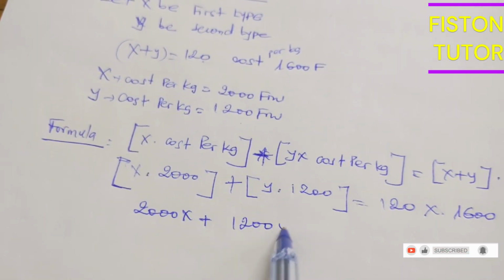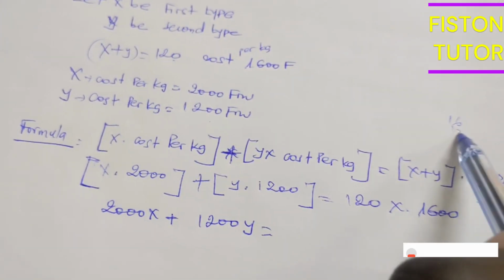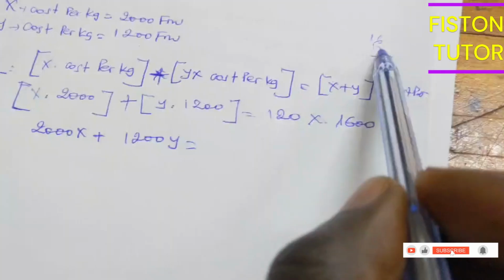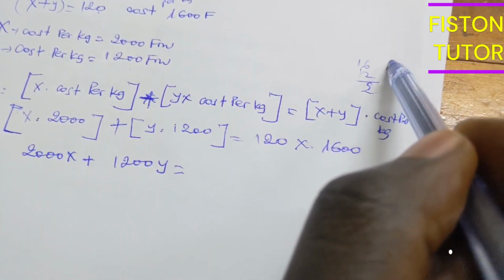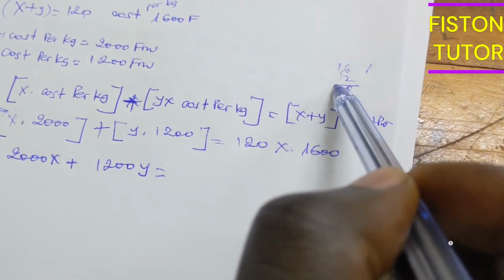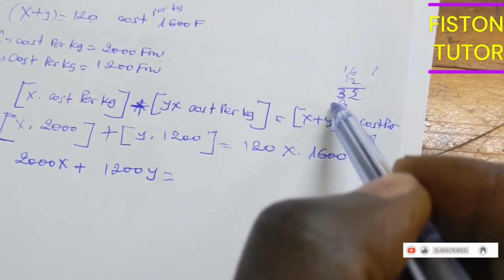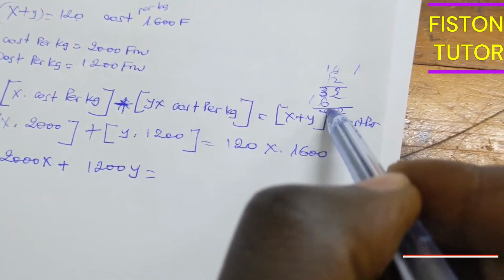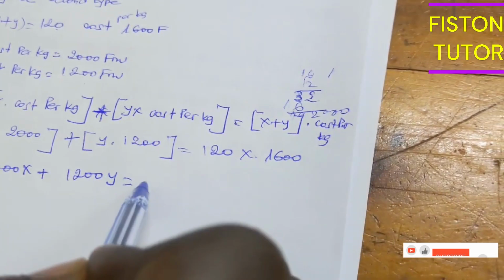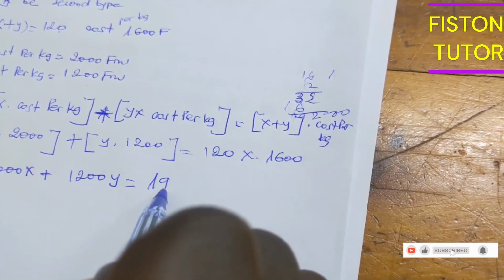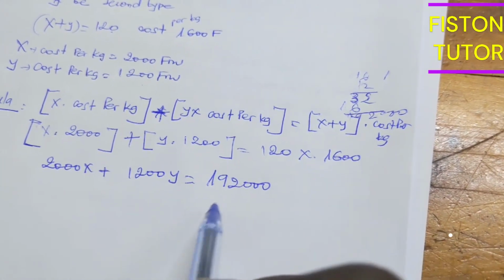Now here we have 2,000x plus 1,200y, which is equal to, now let us take 16 times 12. 2 times 6 is equal to 12, right? To mean we have 192, and adding the zeros, this one gives 192,000.